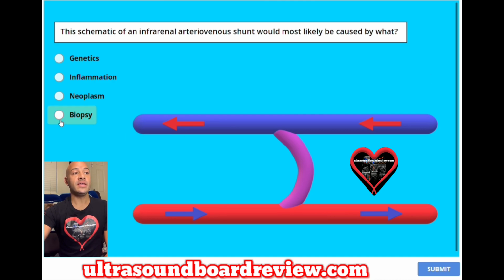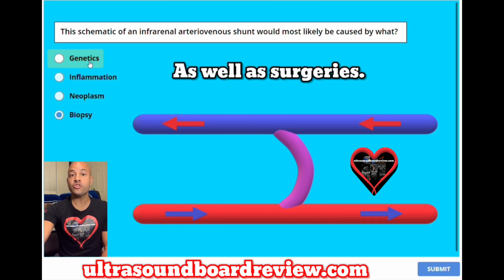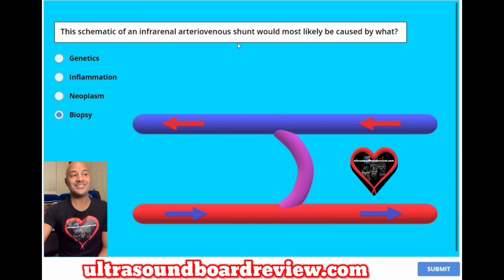The answer is D, biopsy. Now, arteriovenous shunts can be caused by neoplasm, inflammation, and genetics, or congenital, and even trauma. But when we're talking about infrarenal AVFs, it's most likely to be caused by biopsies.